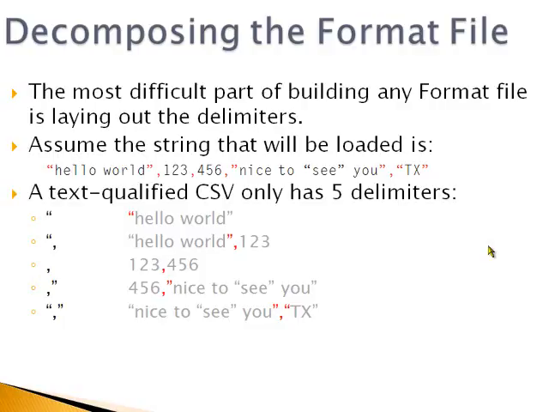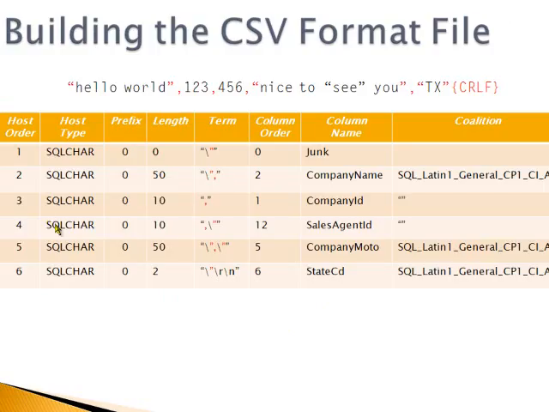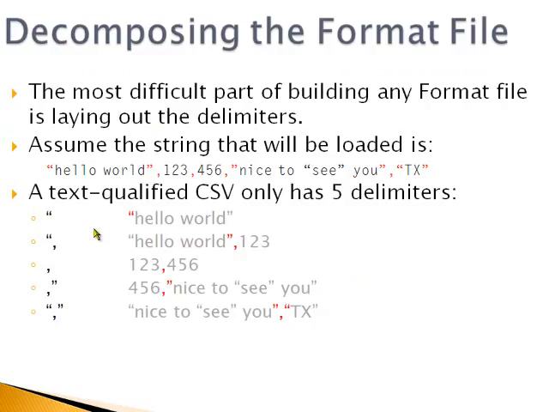So all you really have to do is say, take what your beginning is, it's the double quote. You can see there, this string is going to start off with a double quote for hello world. Then what separates the next field is a quote and a comma.